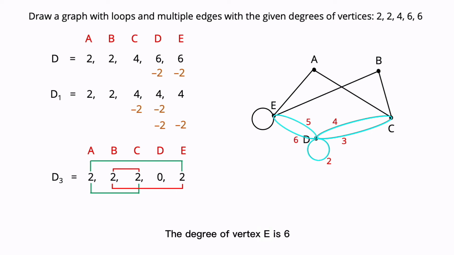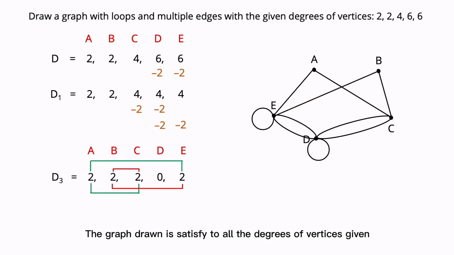The degree of vertex E is 6, 6 edges coming out from vertex E. The loop with 2 degrees: 3, 4, 5, and 6. The graph drawn satisfies all the degrees of vertices given.